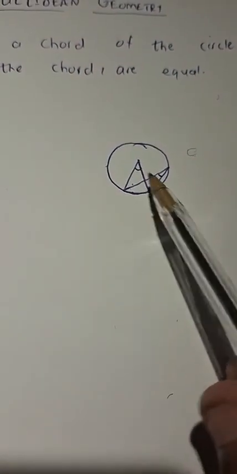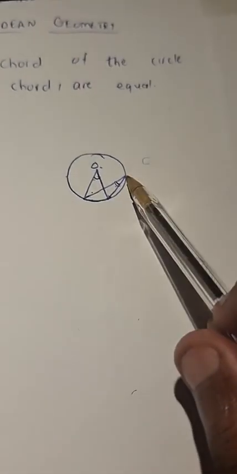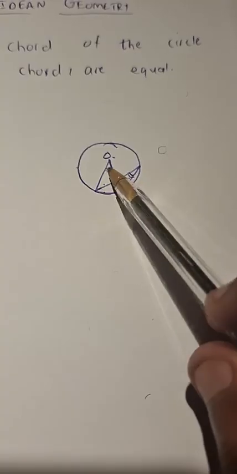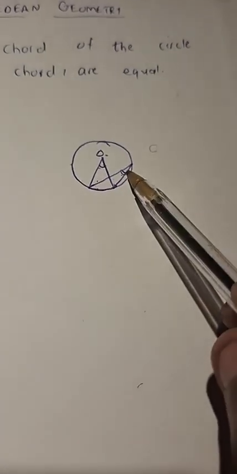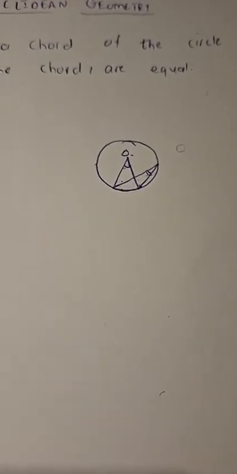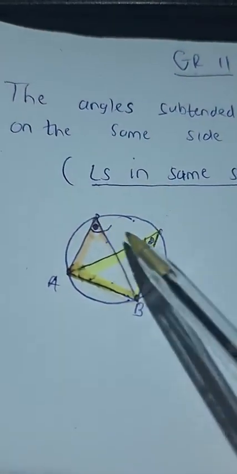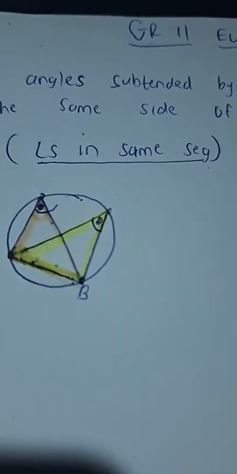So please we don't say this angle is equal. We say this angle at the center is twice the angle at the circumference. That means the angle in the center is double. The angle at the circumference is half the angle at the center. So that's very important. Otherwise, these two, they are not equal. But these ones, they are equal. Angles in the same segment are equal.